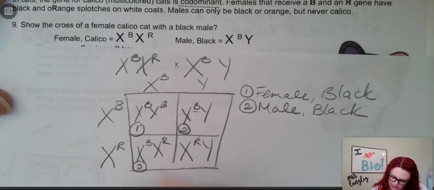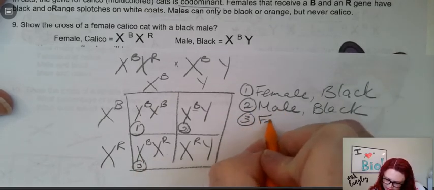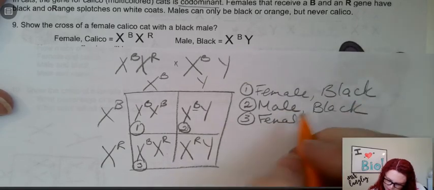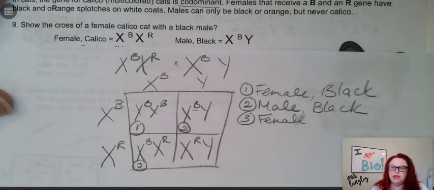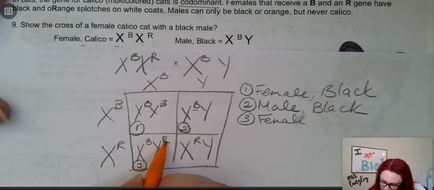For our third one, we have X and X, making this one female. Okay, female. And this one has a B and an R. So I'm going to see black and orange. And we call that Calico.